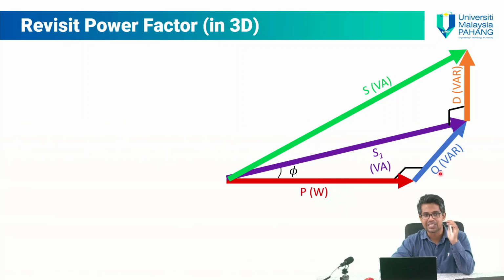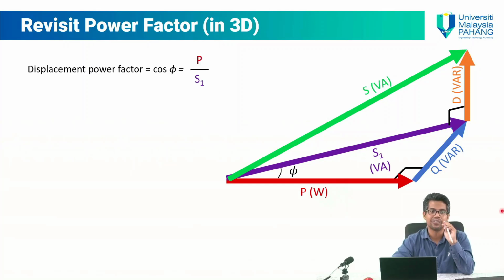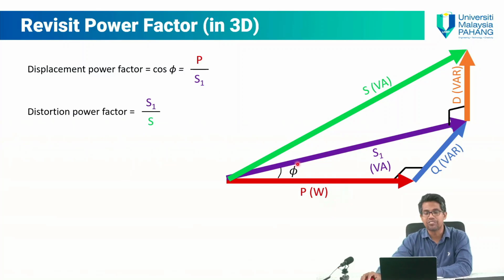Now we got all this. Where is the power factor now? Displacement power factor is still the same. It's P divided by S1, and that is cos phi. That is the displacement power factor, not the power factor anymore. Distortion power factor is a new kind of power factor. It's the ratio between S1, the fundamental apparent power, and S, the final apparent power.